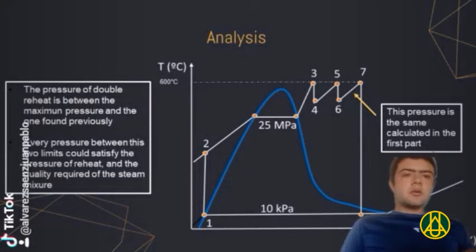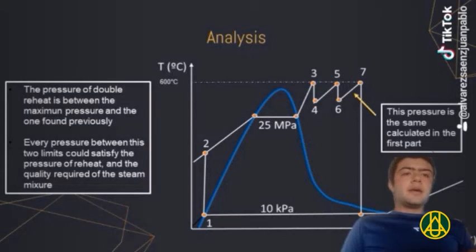That was of 2.78 megapascals, because the quality of the steam in that point continue being the same. So every pressure between these two pressures that we are taking into account will satisfy the pressure needed in the reheat in that point.